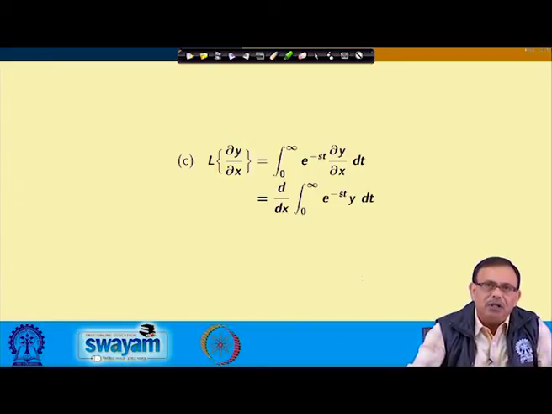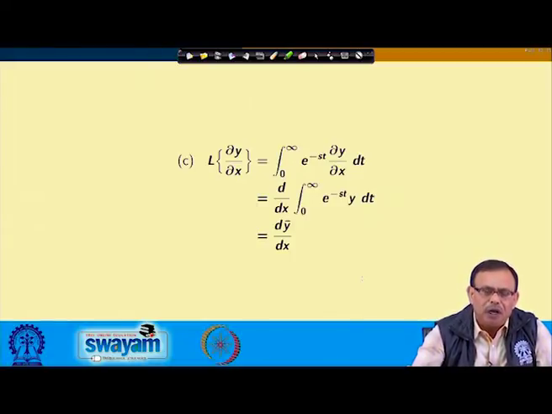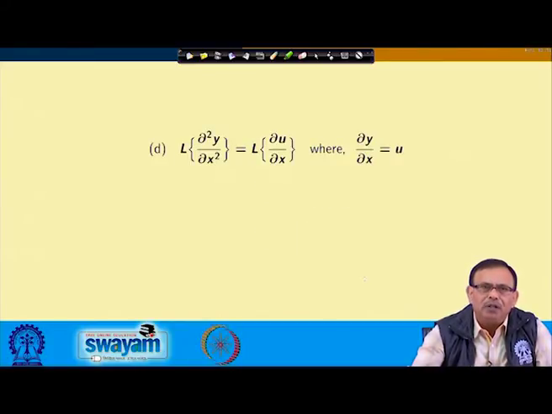So, I can write d dx of the integral from 0 to infinity of e power minus s t into y dt, and this is nothing but y bar. So, I obtain my required result. And the fourth part is Laplace transform of del 2 y del x square. I can write this as Laplace transform of del u del x, where u is del y del x.